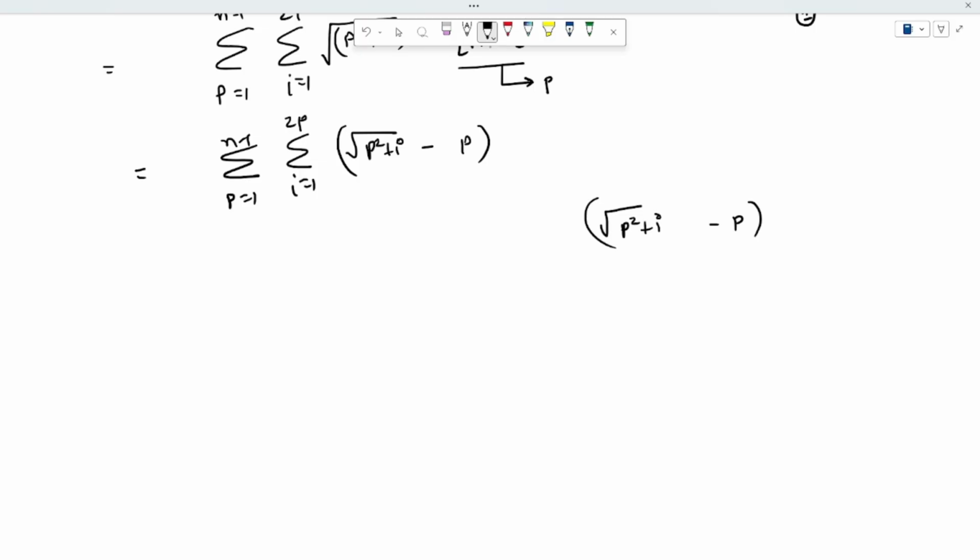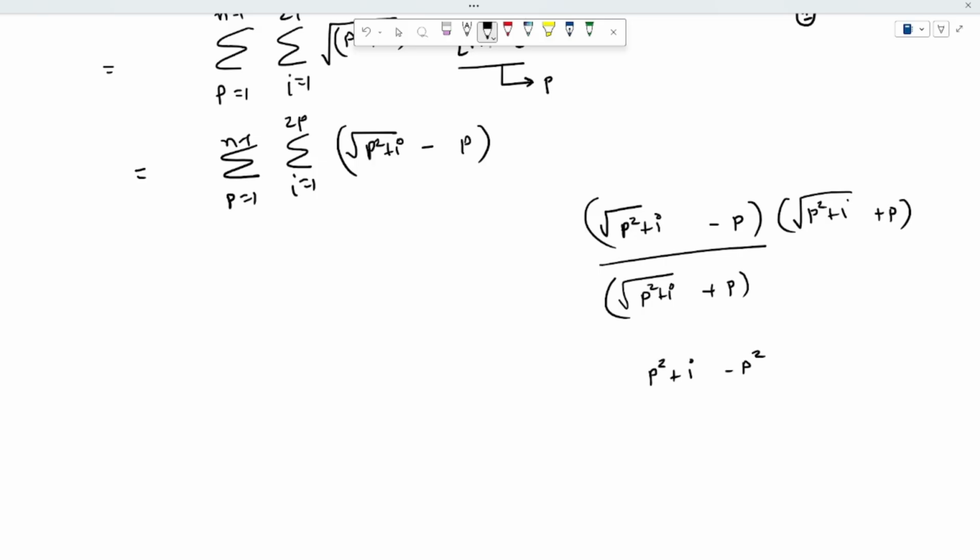We multiply and divide by the square root of p square plus i plus p. This is a minus b times a plus b, so this is a square minus b square, divided by the square root of p square plus i plus p.